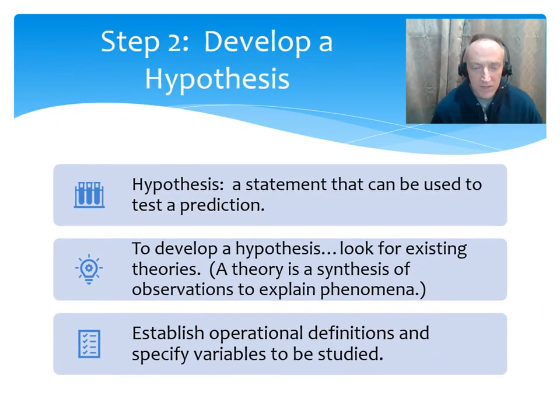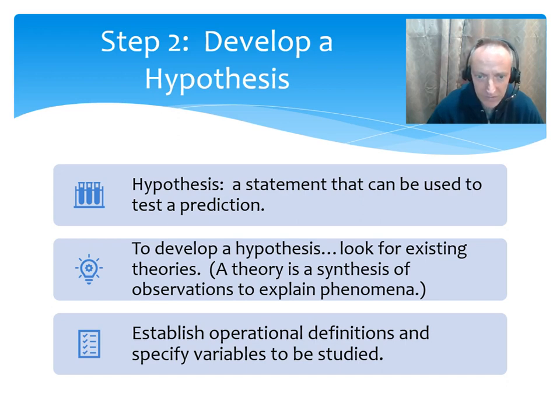Then the next step is to develop your hypothesis, a statement you can use that will allow you to test a prediction. So to develop your hypothesis, a good place to start is existing theories.